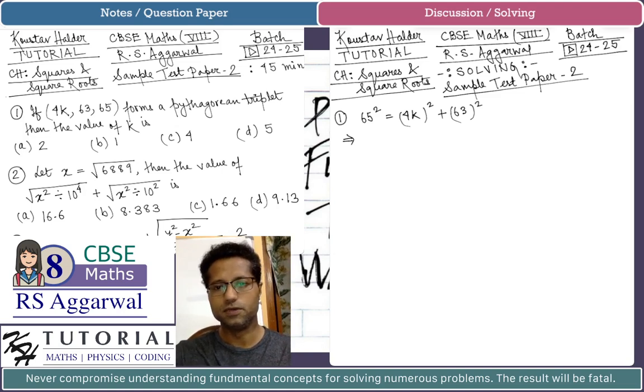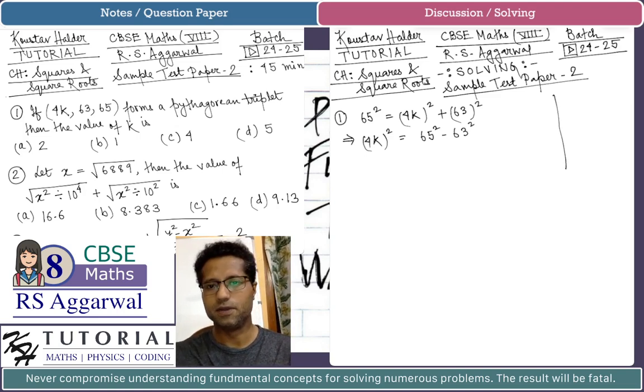Rather, I will rewrite the equation as (4k) whole square is equal to 65 square minus 63 square.